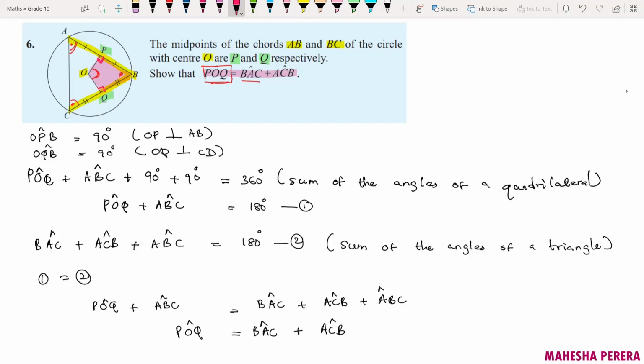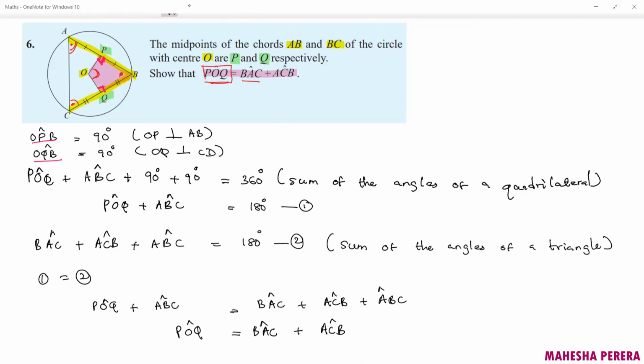So OPB, this angle, is 90 degrees because OP is perpendicular to AB. Then OQB, this angle, equals 90 degrees because OQ is perpendicular to BC. Or it's better if you can write the theorem in words: the straight line joining the centre to the midpoint of a chord is perpendicular to the chord.